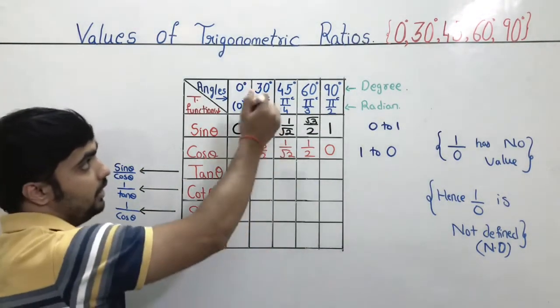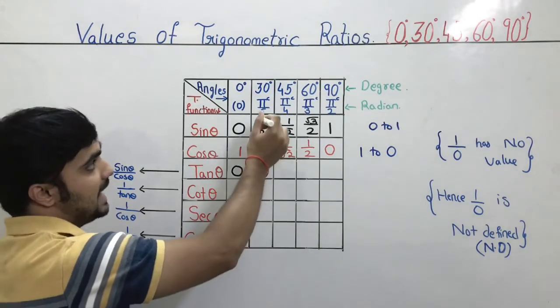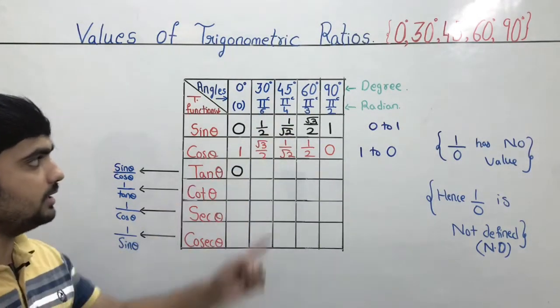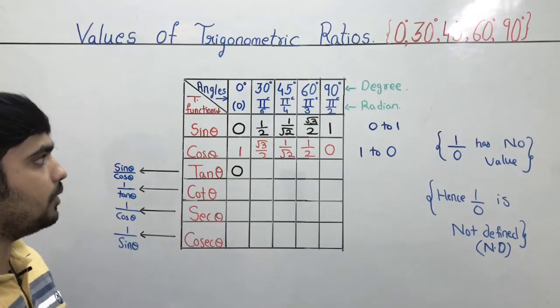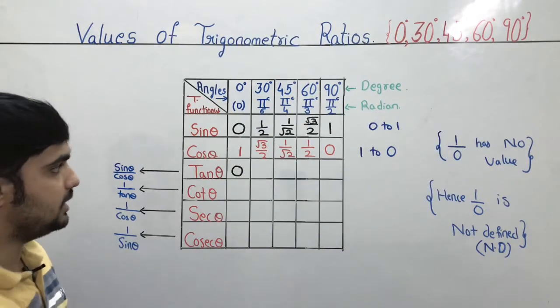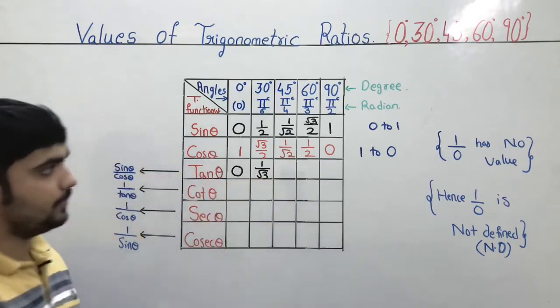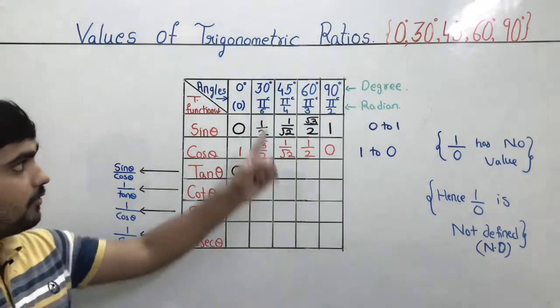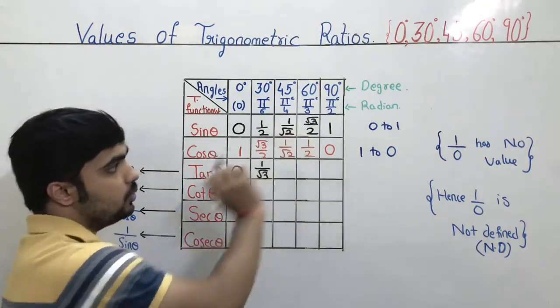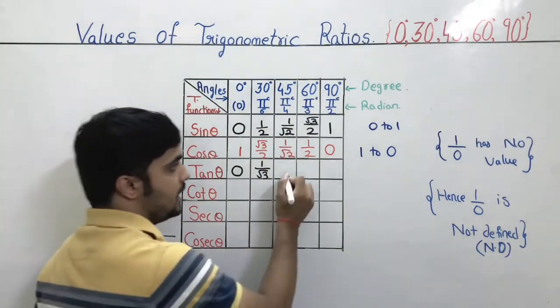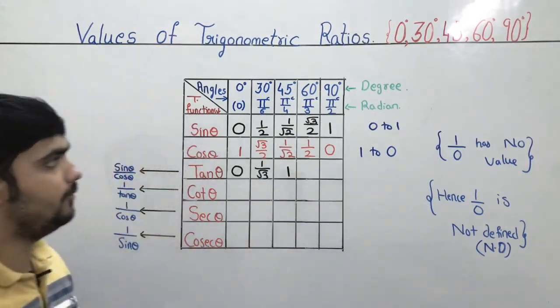Next, tan 30 means sin 30 upon cos 30, so 1 upon 2 divided by root 3 upon 2. The 2 cancels out, so it is 1 upon root 3. For 45 degrees, 1 upon root 2 divided by 1 upon root 2, both cancel and what is left is 1.